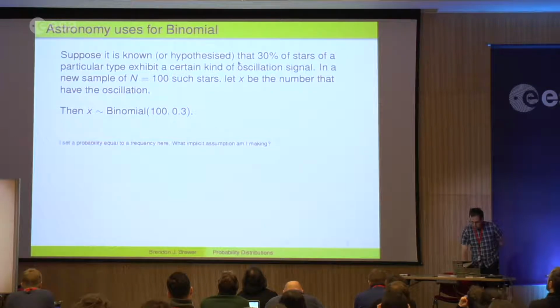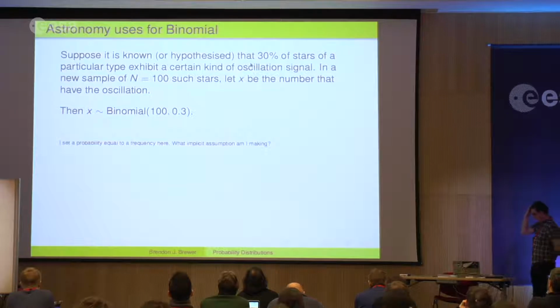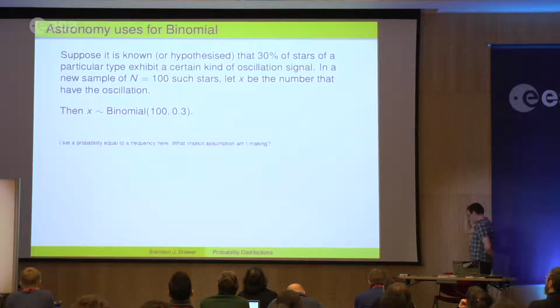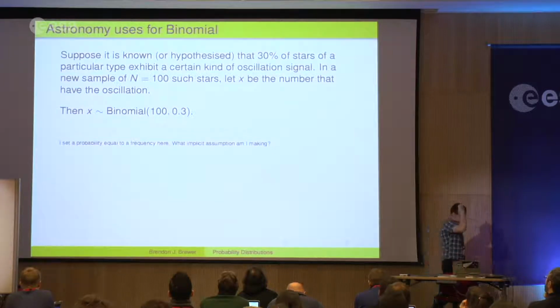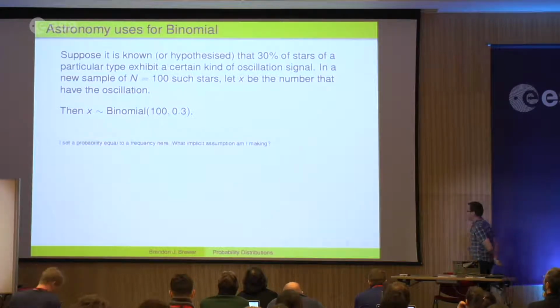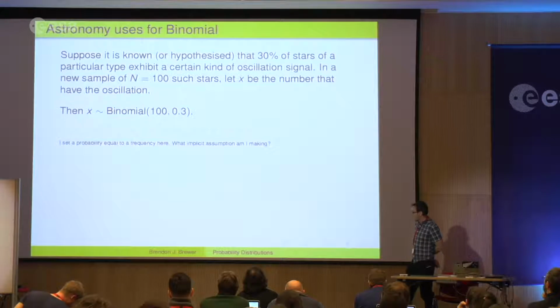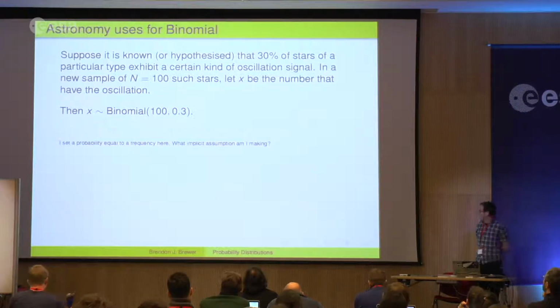Suppose 30% of stars have a certain kind of oscillation signal if you observe their variations, and you take a sample of 100 stars and you're interested in how many of those 100 stars have this oscillation. The distribution for that number, if I call it x, is a binomial distribution.